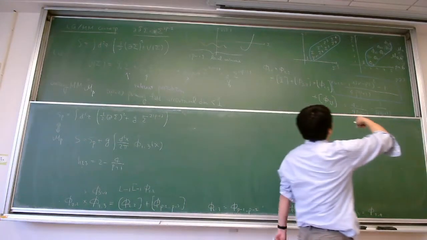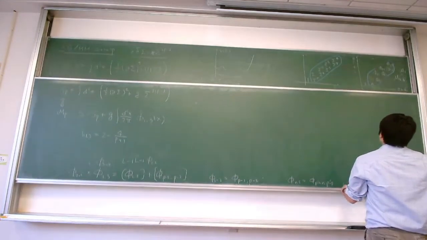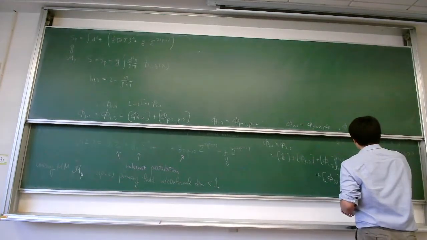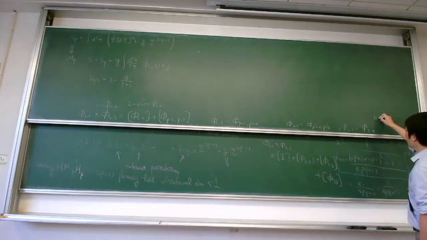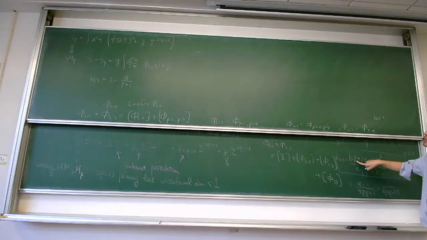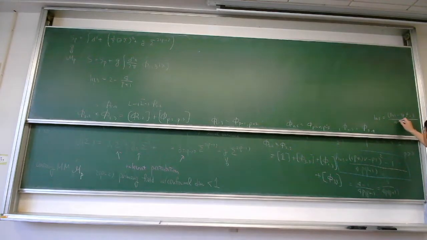If you plug that one in here. H13 is equal to, whatever, ((p plus 1) minus 3)^2 minus 1, divided by 4p(p plus 1). That's what you get. And this is equal to (2p minus 1)^2 minus 1, right?